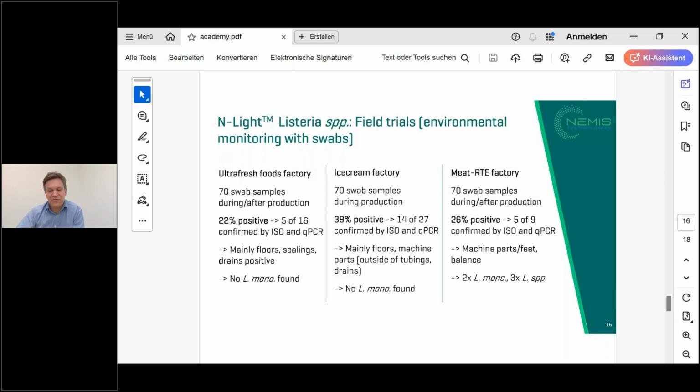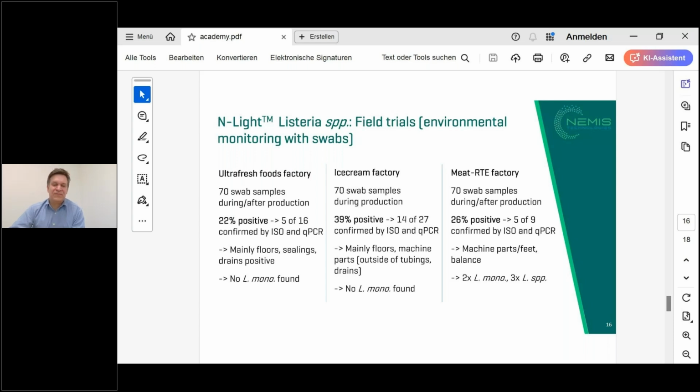Interestingly, 2 were later found to be L. mono, and 3 were non-L. mono Listeria spp. We are currently sequencing these strains to see which Listeria species they are, but usually we would expect most of them to be like Listeria innocua.